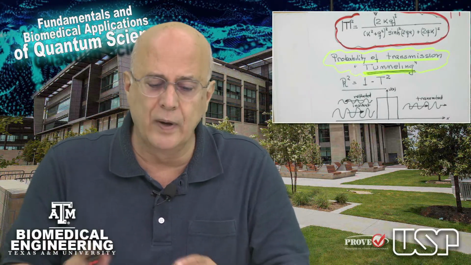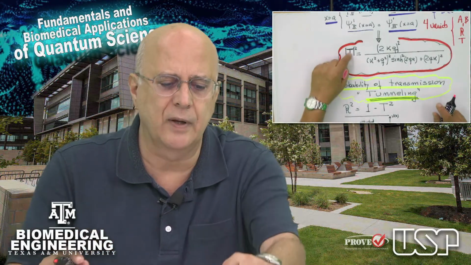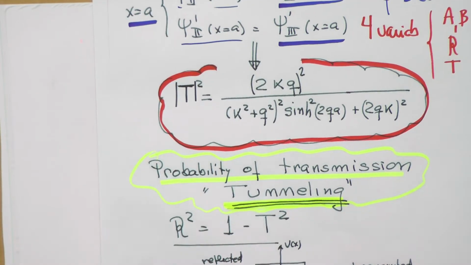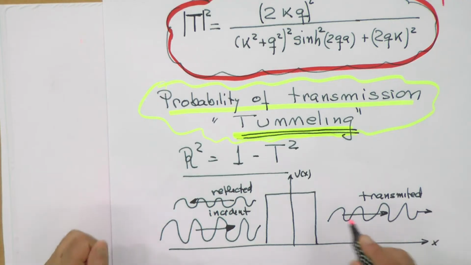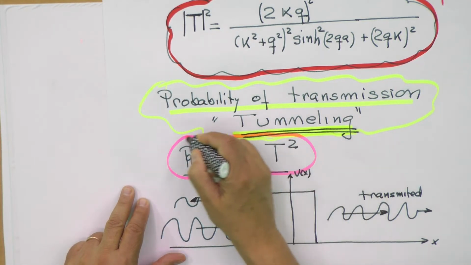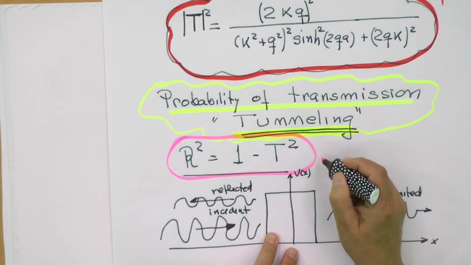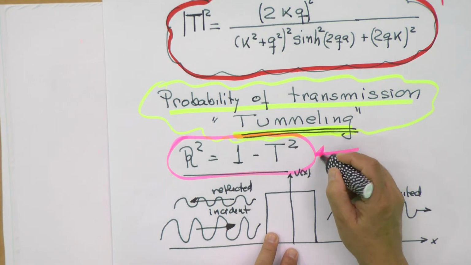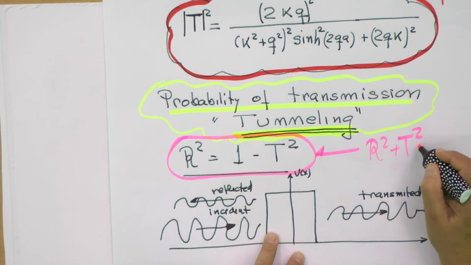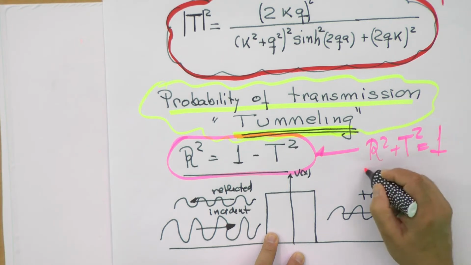Now, once we have T, we have A, we have B, we can show that what's important here is the relation between what is reflected and what is transmitted. And by conservation of probability, of course, r squared plus t squared equals 1.